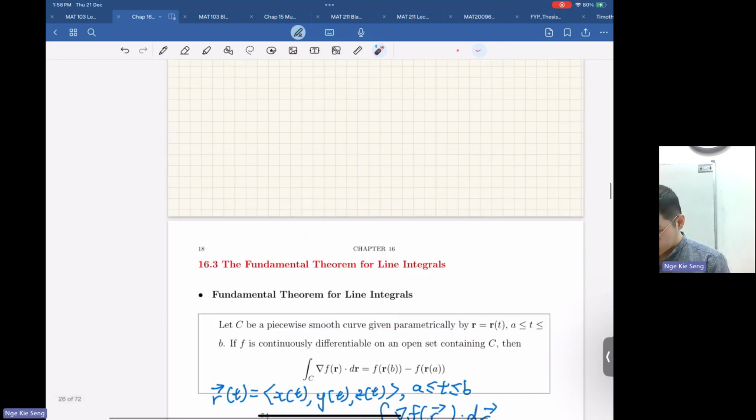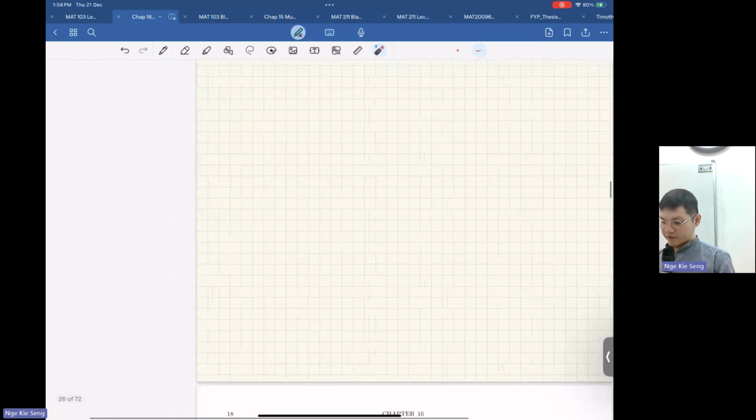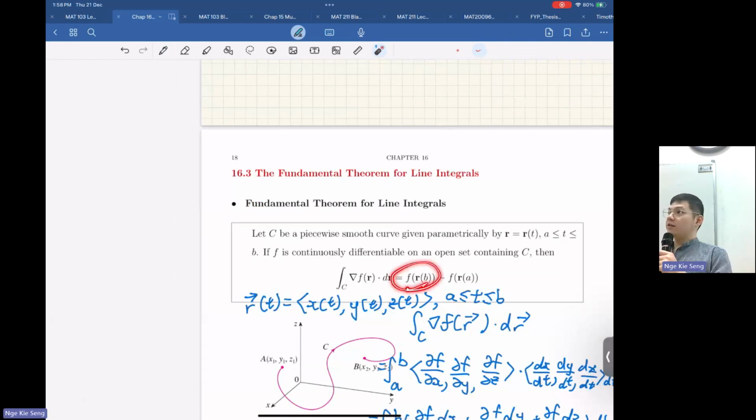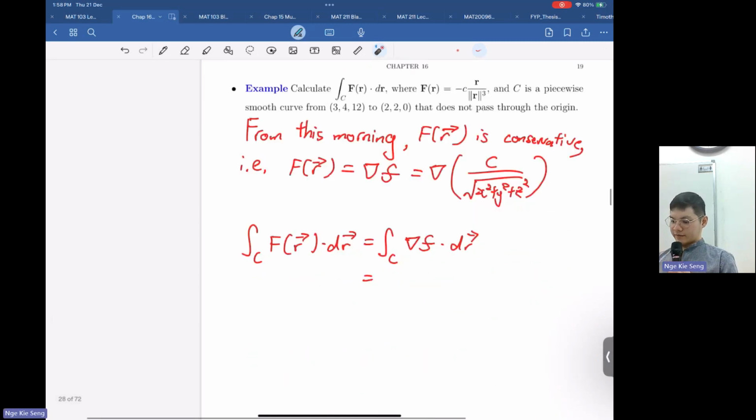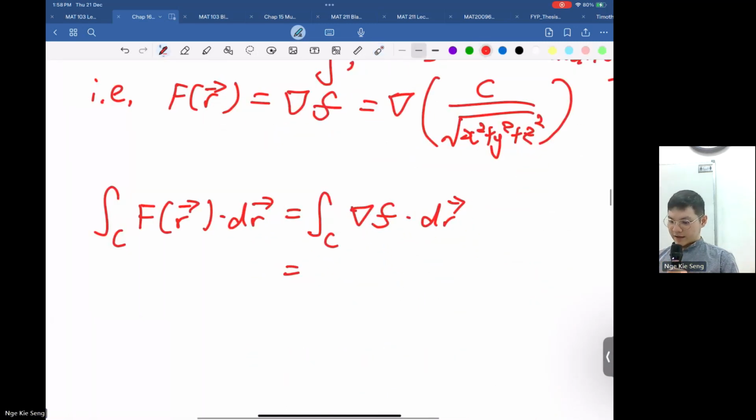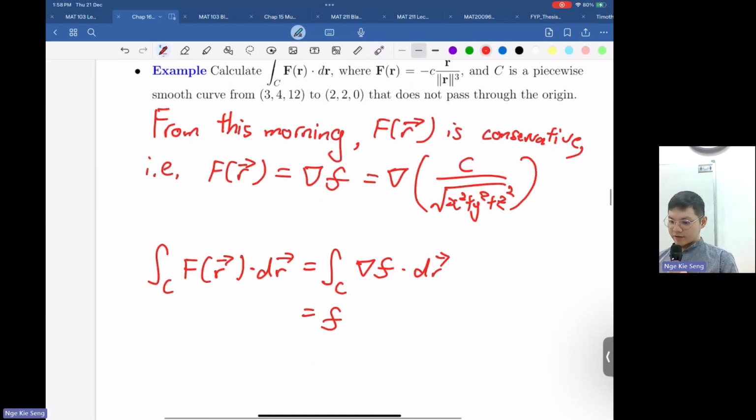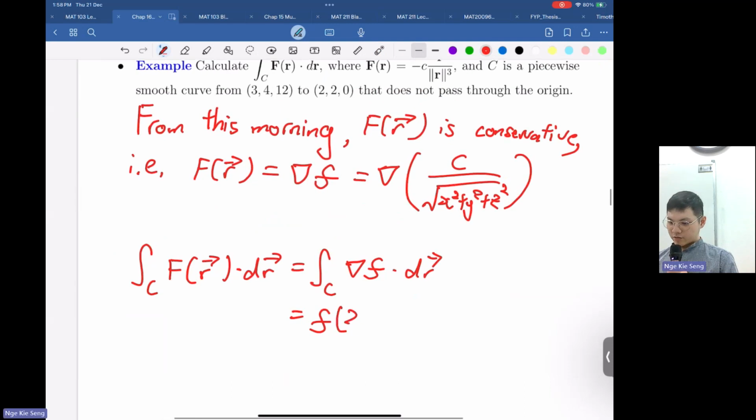Yes, it's the antiderivative evaluated at the ending point minus the antiderivative evaluated at the starting point. So it's just F applied at the ending point, 2, 2, 0, and then minus F evaluated at the starting point.